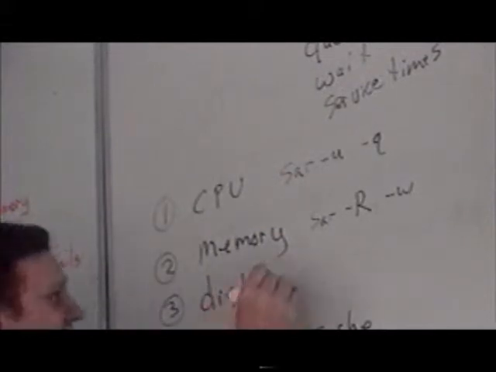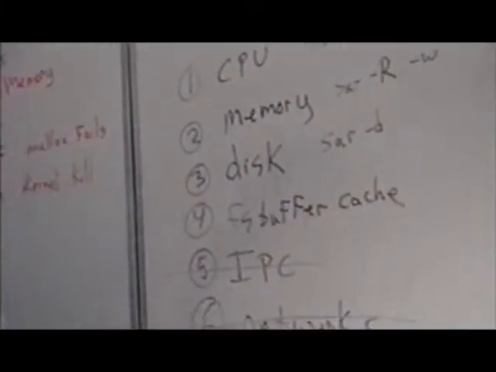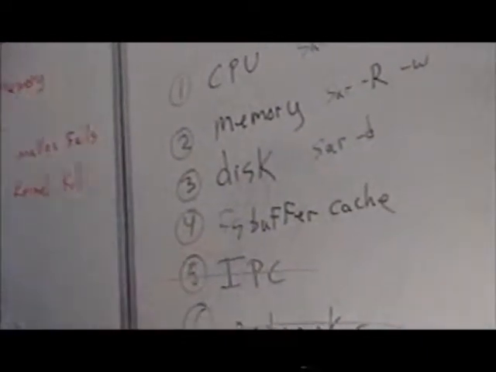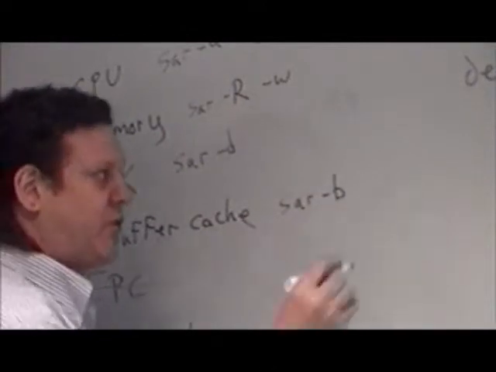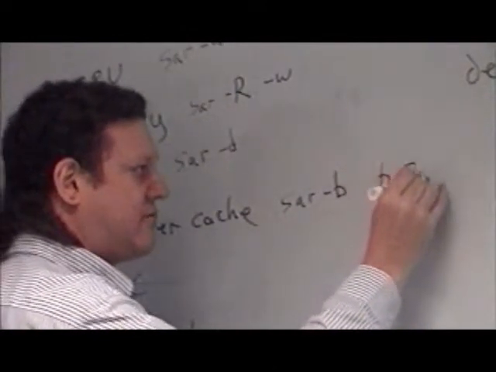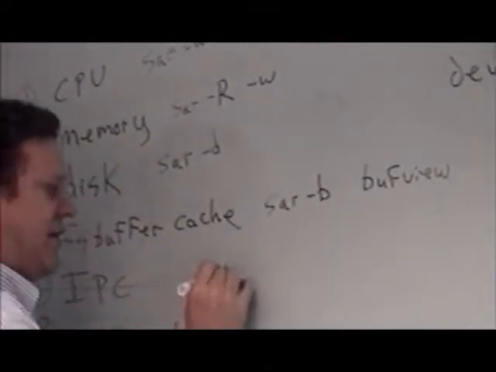For disk, it's SAR -D. For buffer cache, it's SAR -B, but I also prefer to use the command bufview. For IPC, it was the ipcs -a option.